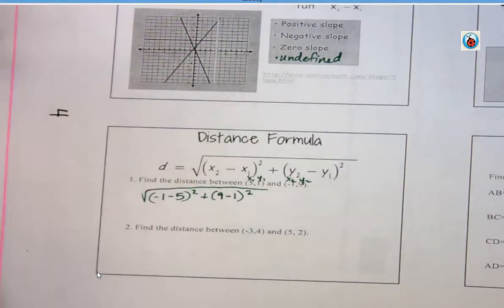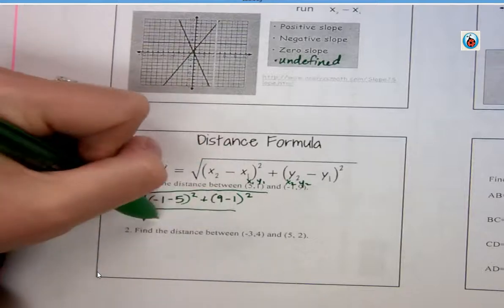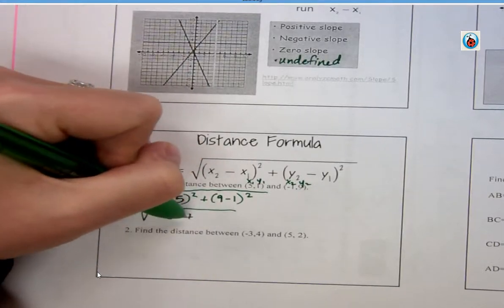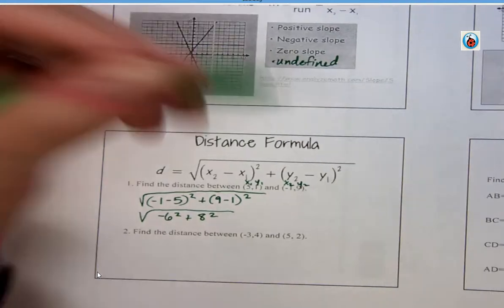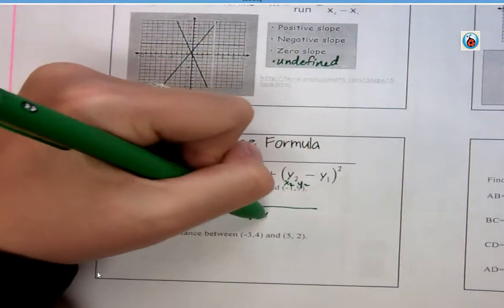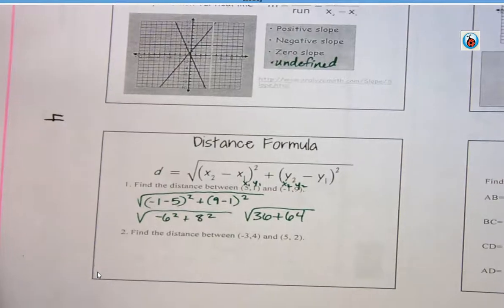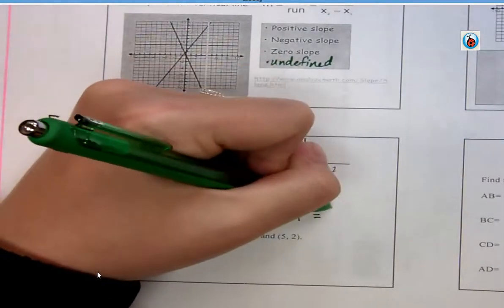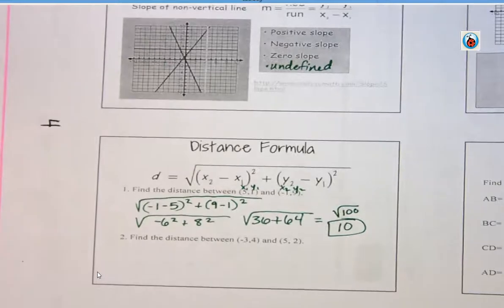So I just took my x's and subtracted them, my y's and subtracted them. Alright, now we've got -6 squared plus 8 squared. Any number squared is going to become positive. 36 plus 64, not -36. That will make you get it wrong. It's going to be the square root of 100. So we'll get 10. Great.